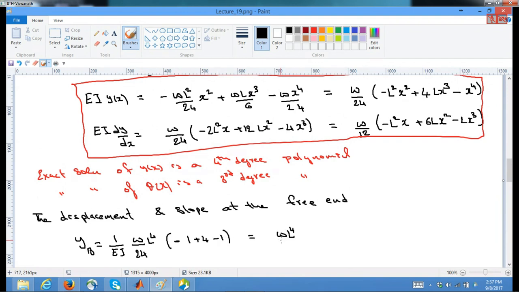Let me just check if I have made any mistakes this time around. So minus L square x square plus 4 L x cube. Hopefully this is correct.